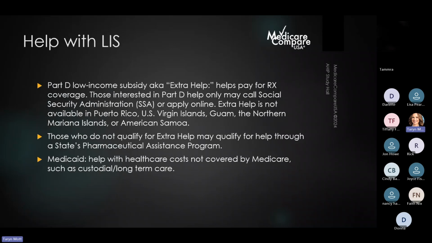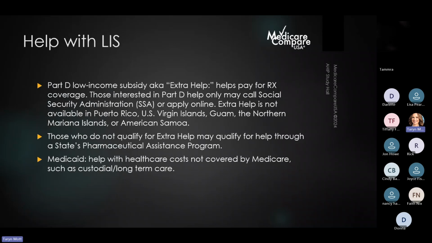So the way this question reads in the test, the answer is going to be that they need to call their Social Security Administration. Those who do not qualify for extra help may qualify for help through a state's pharmaceutical assistance program. You need to know that as well.